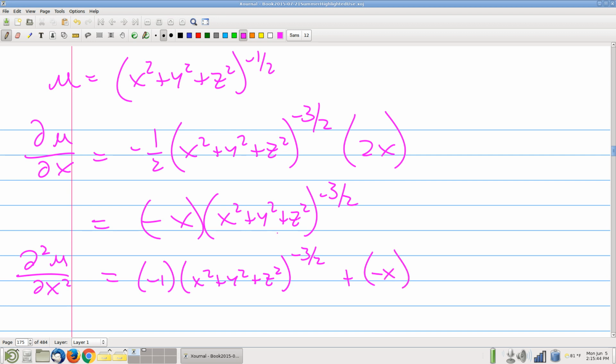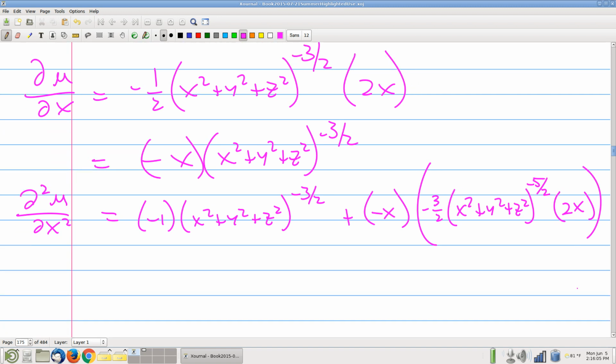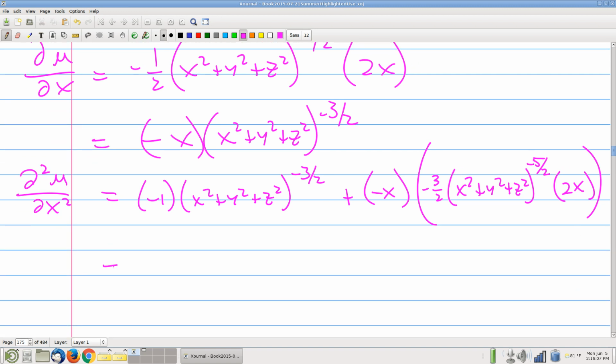And now I've got to take the partial of this second factor, which is negative 3/2 times all that business to the negative 5/2, and then again, chain rule, 2x.